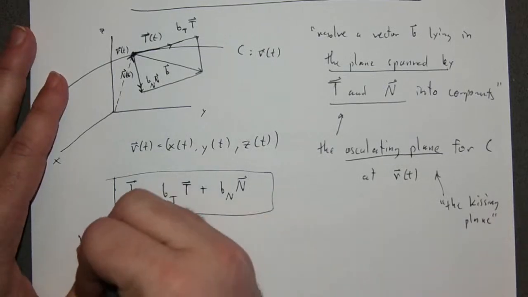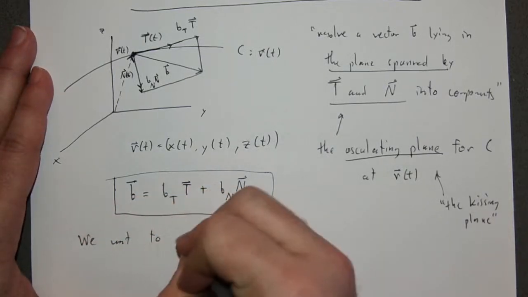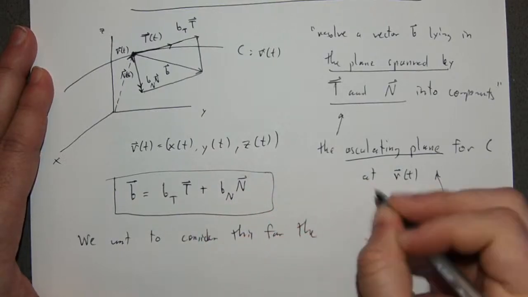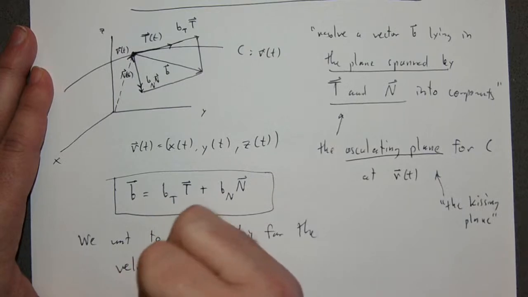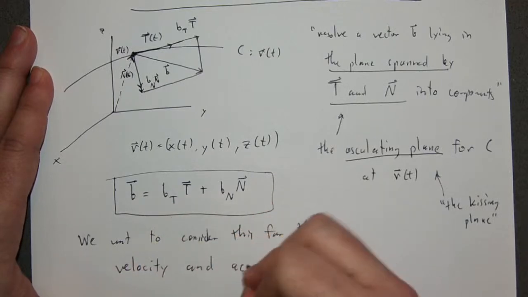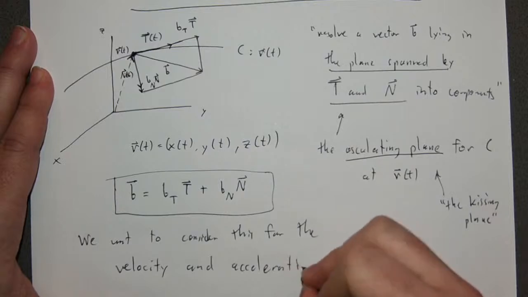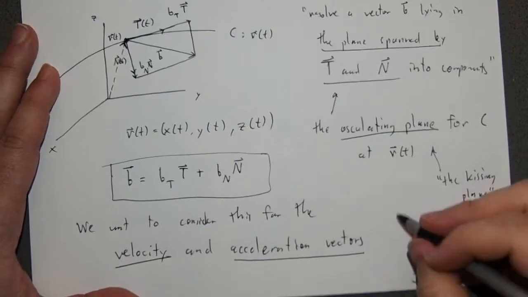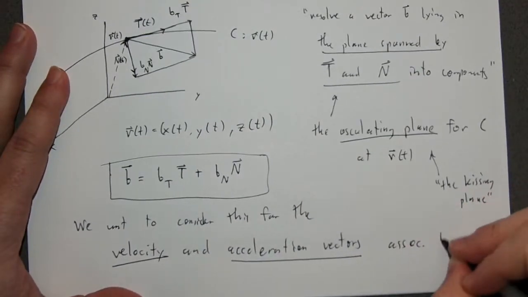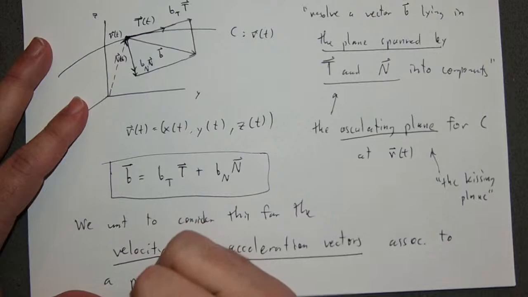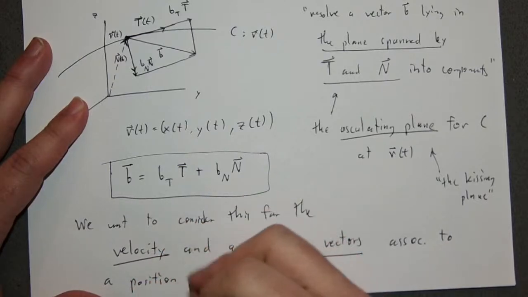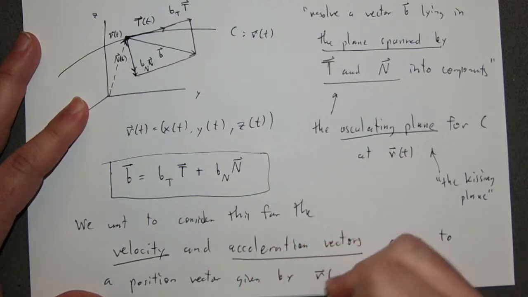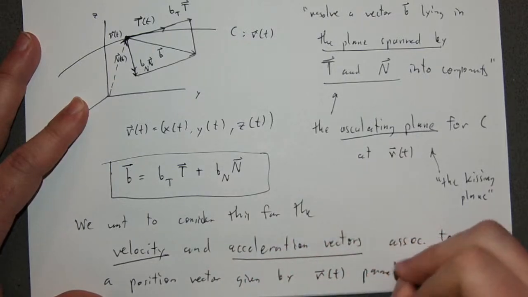So we want to consider this for the velocity and acceleration vectors associated to a position vector given by r of t parameterizing a curve.